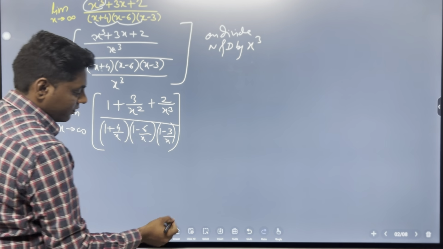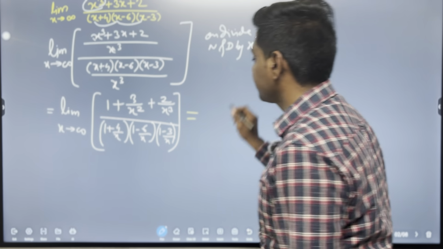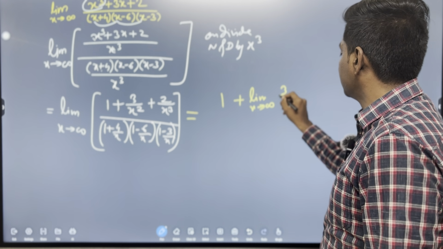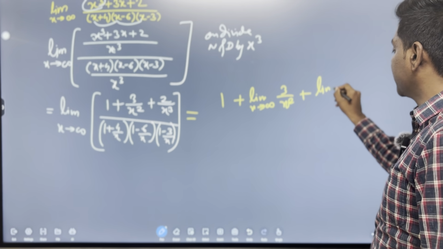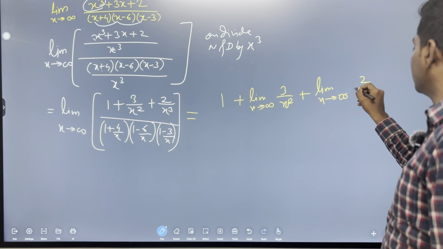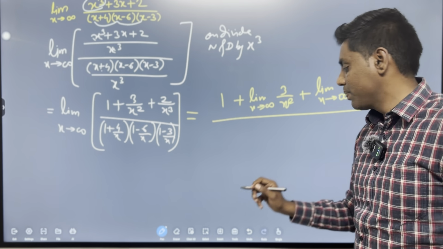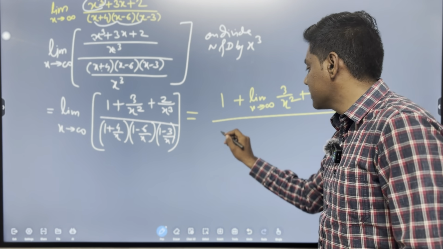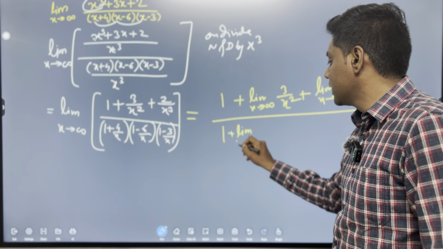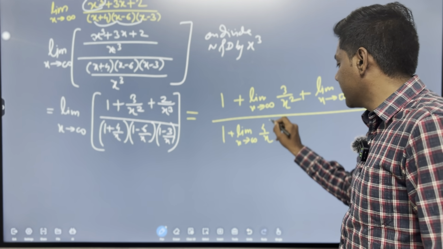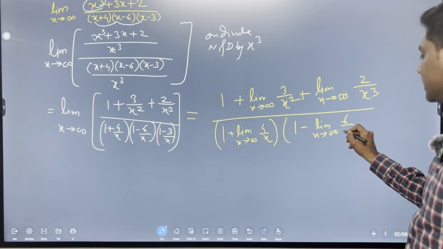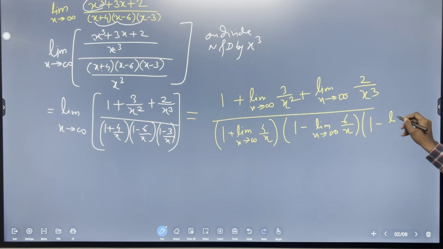After applying the limits, we get 1 plus limit x tends to infinity 3 divided by x square, plus limit x tends to infinity 2 divided by x cube, divided by 1 plus limit 4 divided by x, then 1 minus limit 6 divided by x, and 1 minus limit 3 divided by x.